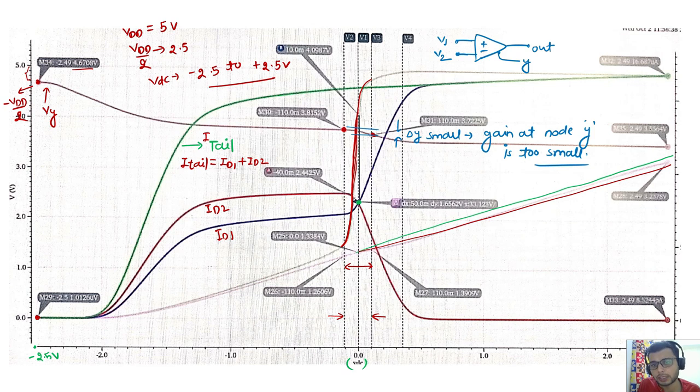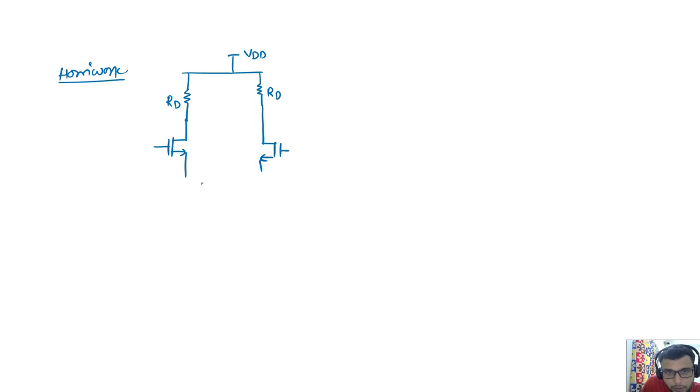You can do much more analysis here. From the homework point of view, take one complete differential structure, which I will call RD, and do this large signal analysis again, the same analysis, and also notice what is happening at the nodes Y and out.